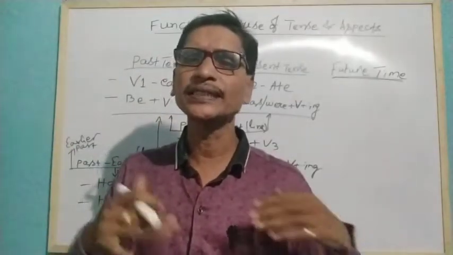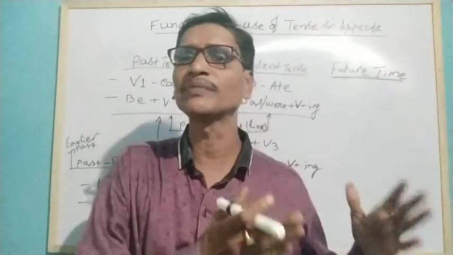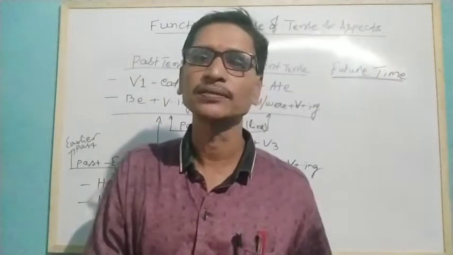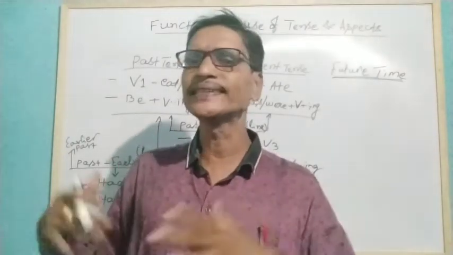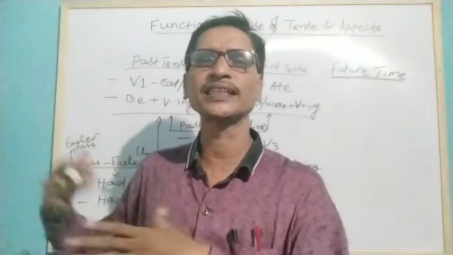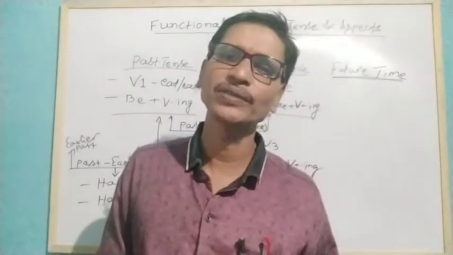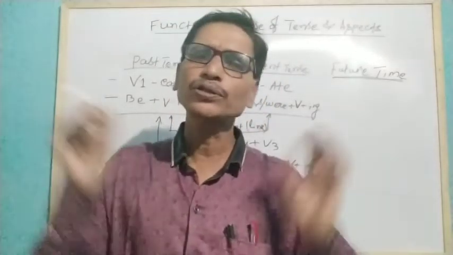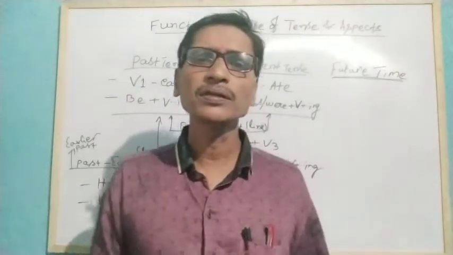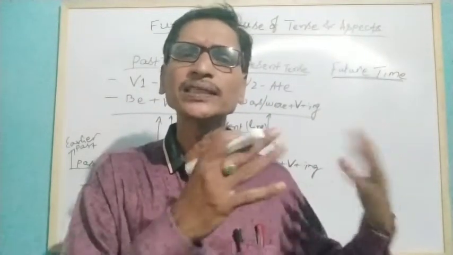Verbs changing their forms with the changes in time are called finite verbs. Verbs changing their forms with the changes in action are called non-finite verbs. We also discussed the transitive and intransitive nature of finite verbs.